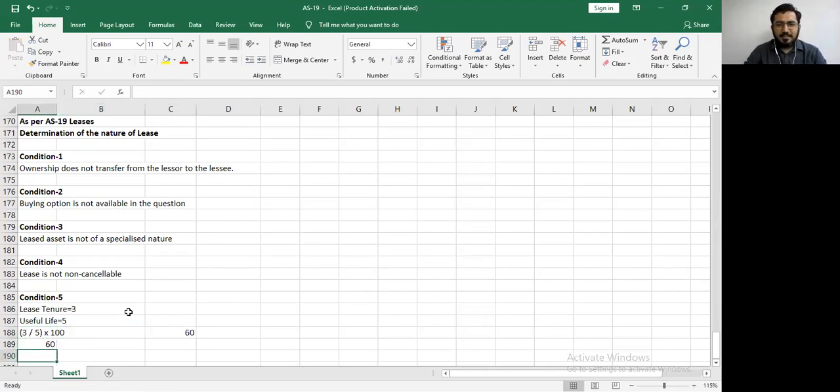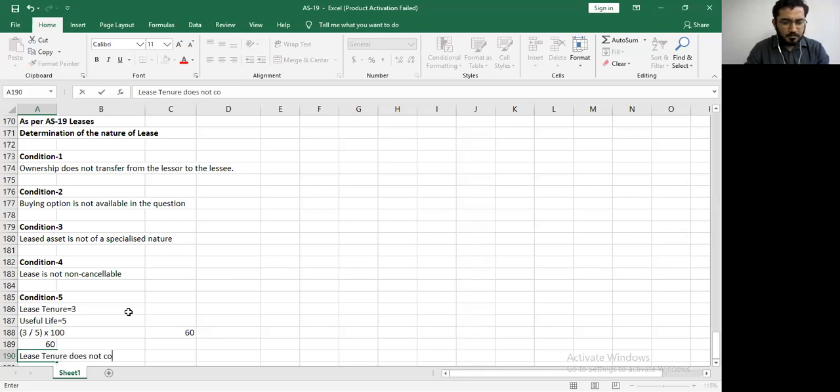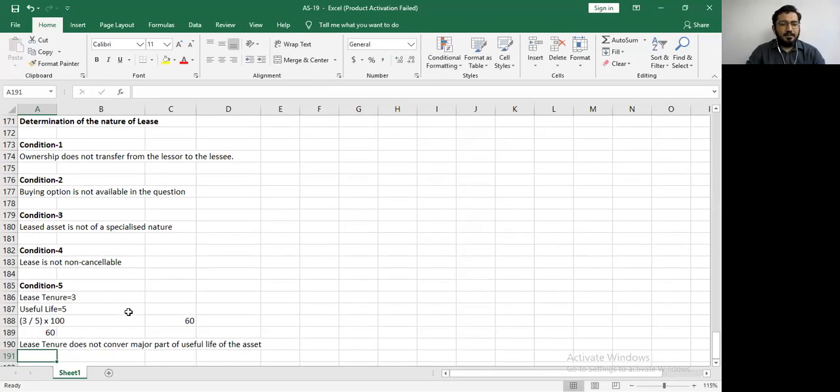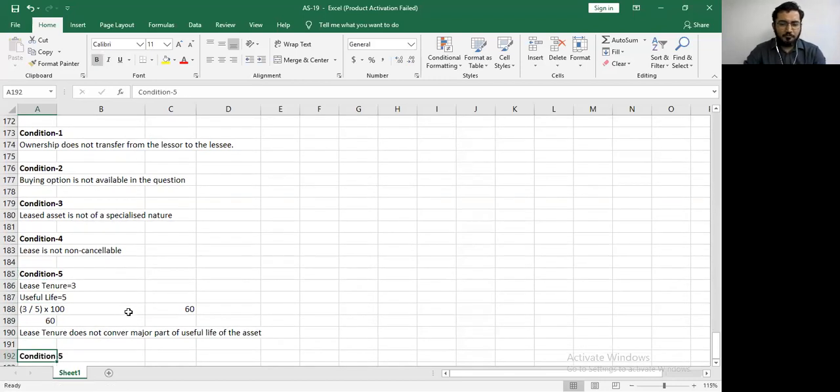Right, which means it does not cover major part of the useful life. So let's put that also. Lease tenure does not cover major part of useful life of the asset.